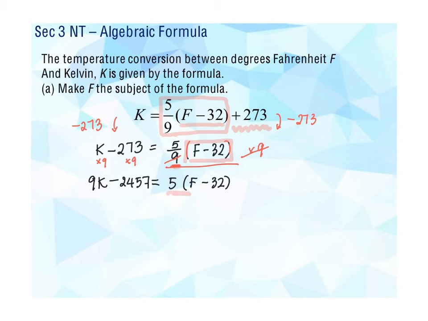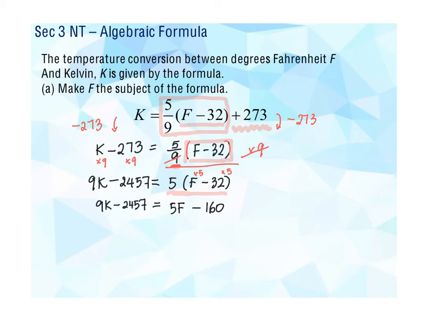So what can we do with the brackets? We need to expand out the bracket. So I will multiply every term by 5. So this will give me 5 times F, 5F, minus negative 32 times 5 will give me negative 160. So it's minus 160.